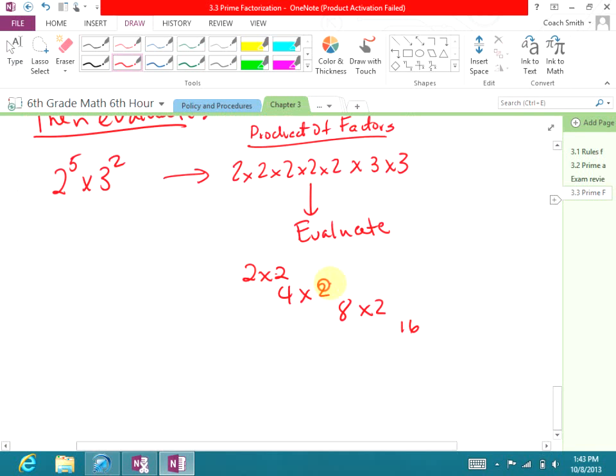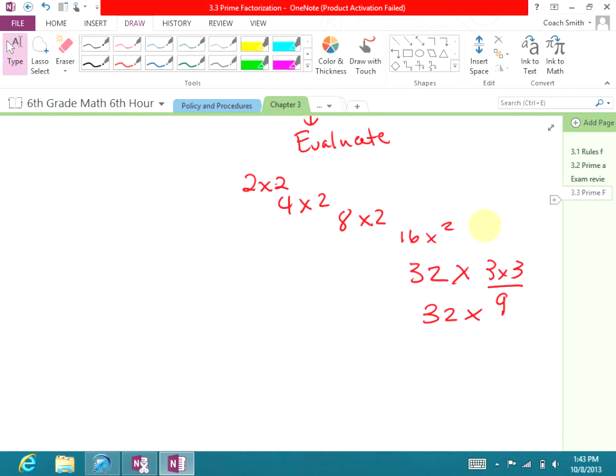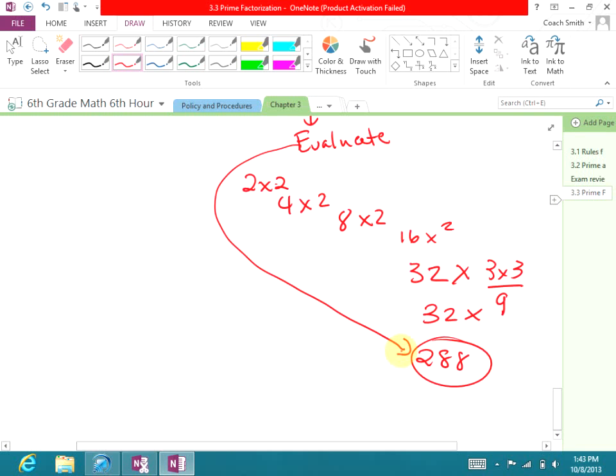So that's 1, 2, 3, 4, 5, which would be 32, times 3 times 3, which is 9. So 32 times 9. 32 times 9 is 288. So that's what it means to evaluate. Get it down to its answer.